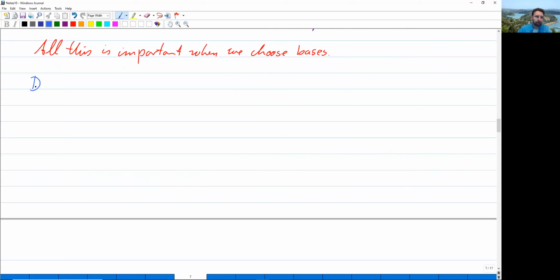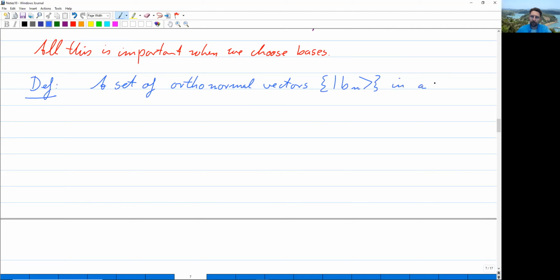The definition is this. Definition: a set of orthonormal vectors, let's call them Bn, in a Hilbert space H. This Hilbert space may be little l superscript 2, but it could also be any other Hilbert space, and I will tell you a bit about the zoo of Hilbert spaces in a moment.